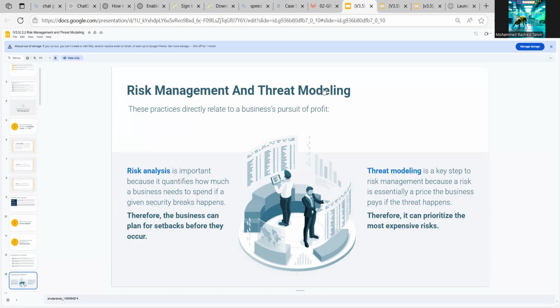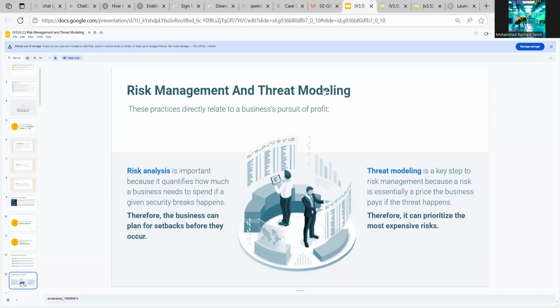Risk analysis is important because it quantifies how much a business will need to spend in the event of a given security breach. This allows the business to plan for such an event before it occurs. Threat modeling is important because risks come with a price, which the business will have to pay if the threat is realized. Threat modeling allows them to prioritize the most expensive risks.